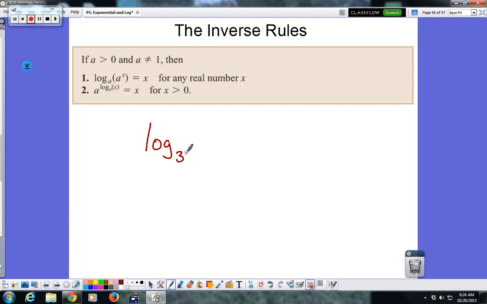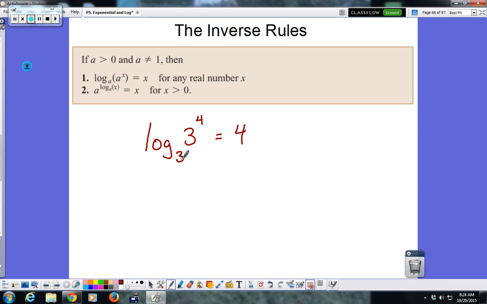The log base 3 of 3 to the x power. Actually, let's do 3 to the 4th power. It's something about paint on the White House being white, and it's plain, and it's simple, and it's easy. I don't know. It just, again, it didn't make sense. If you ever have a logarithm where the base and the argument are the same, this will always simplify down to whatever the exponent is.